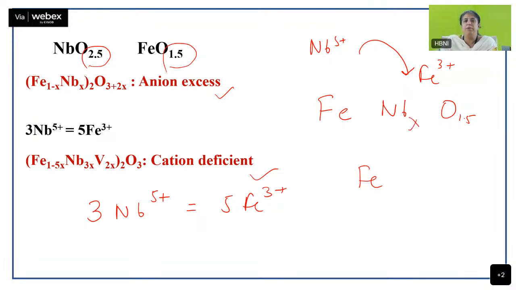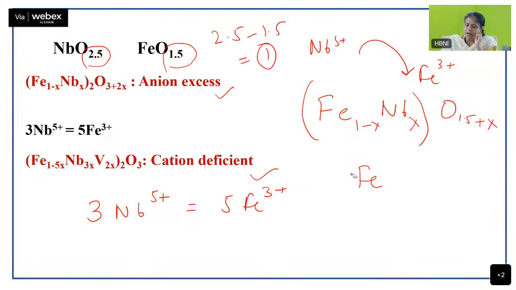Suppose X niobium goes in. Every niobium is taking an extra 2.5 minus 1.5, one extra oxygen. So if it is Nb X, and this is 1 minus X, then oxygen would be 1.5 plus the number of niobium times 1, so that is X.